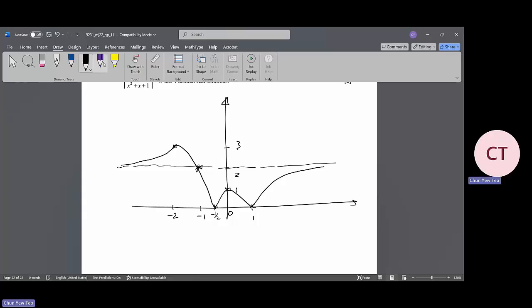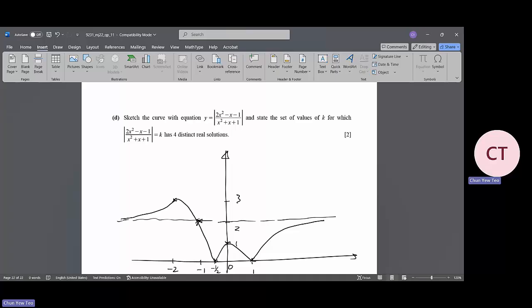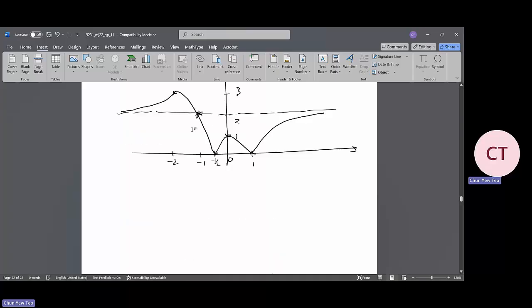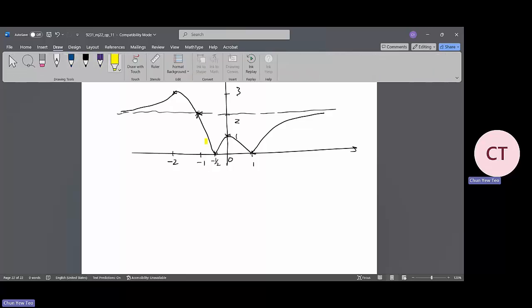Okay, so now over here for this portion of the graph, if you draw horizontally, you will get 4 solutions. Every line over here, you get 4 solutions. So from here, we know that our answer must be between 0 to 1. In order to get 4 distinct real roots, your k must be between here.